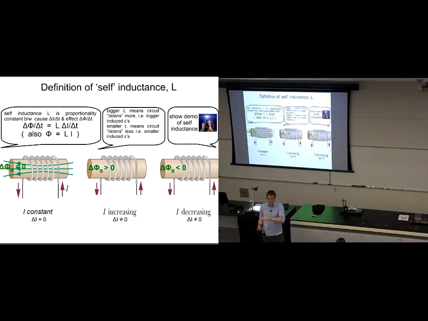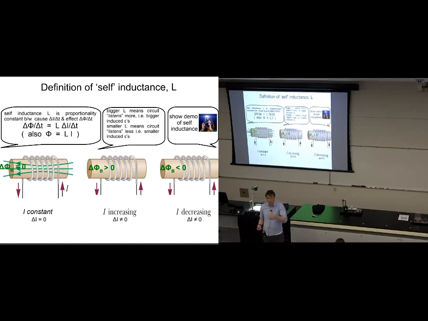In circuits, we use a quantity called self-inductance to describe a circuit and how much it talks to itself. If it has a large self-inductance, then that circuit talks a lot to itself. Small self-inductance, it talks only weakly to itself.